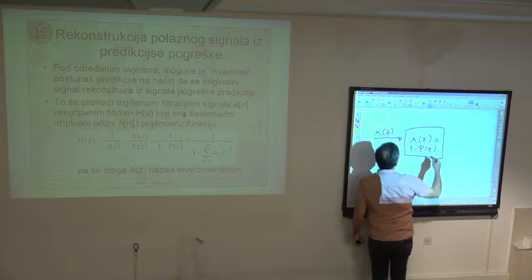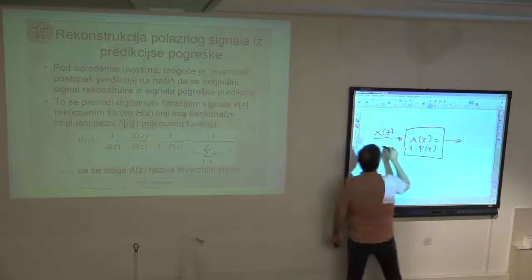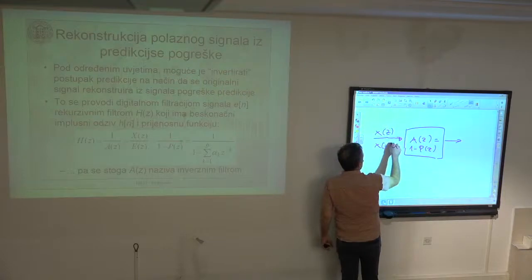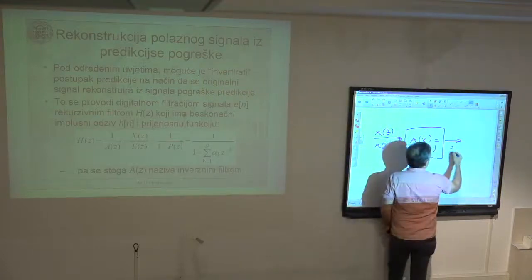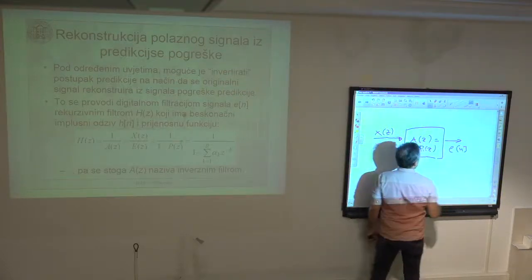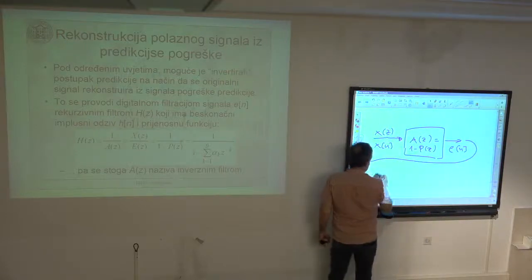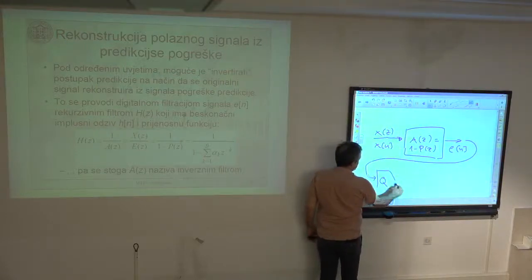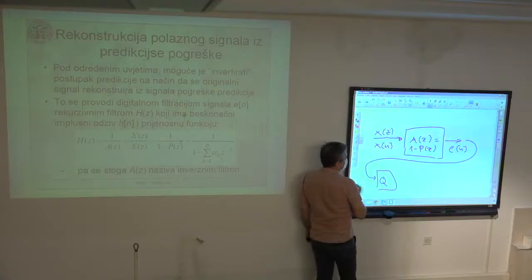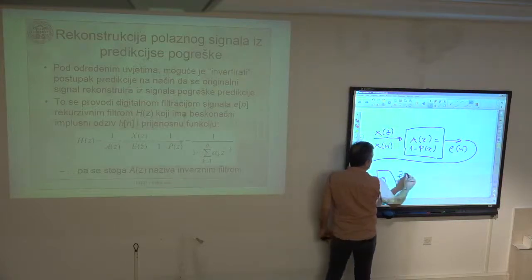Okay? And at the output of this filter, this is in time domain X of n, and at the output I have E of n. Then I take this E of n. Later on, I will have the quantizer here. So this will be E quantized of n.